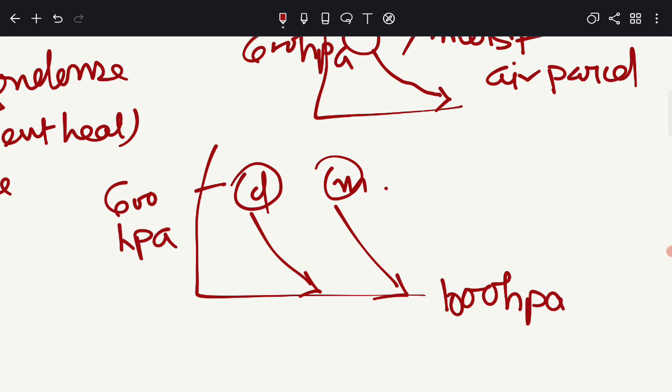I'm not sure, but that is quite a different concept, or a different way of thinking. What is the condition of that air parcel is very important to understand.